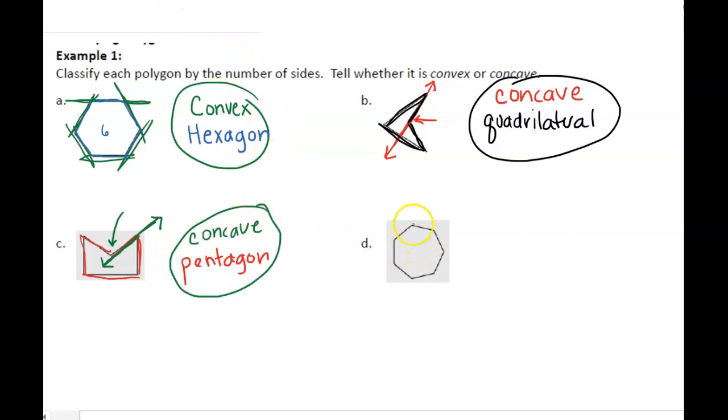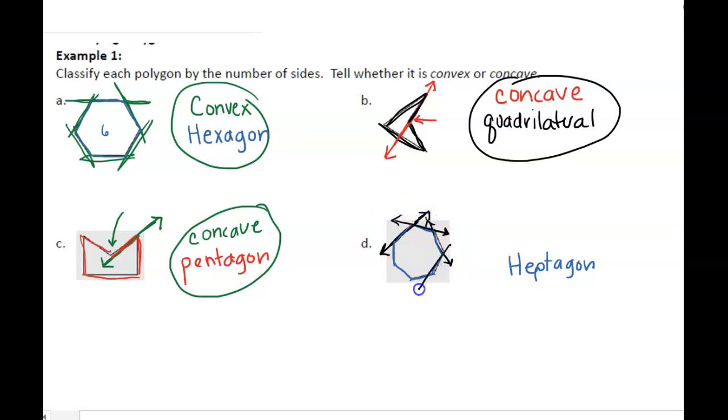Now on D, one side, two sides, three, four, five, six, seven. So 7 sides is called a heptagon. Now the question is, do any of those go in the interior if I extend them to lines? So make that segment a line, that one a line, this one.